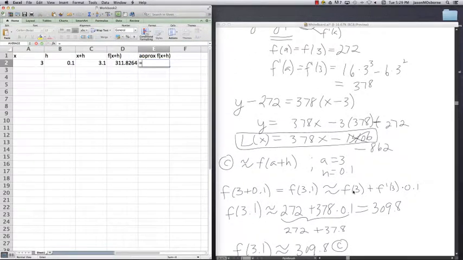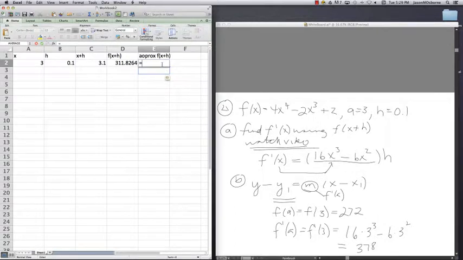And then the approximation was equal to, right down here, there's our approximation formula. I wanted to put my x value into the function. So 4 times the x value to the 4th power, minus 2 times the x value cubed, plus 2.